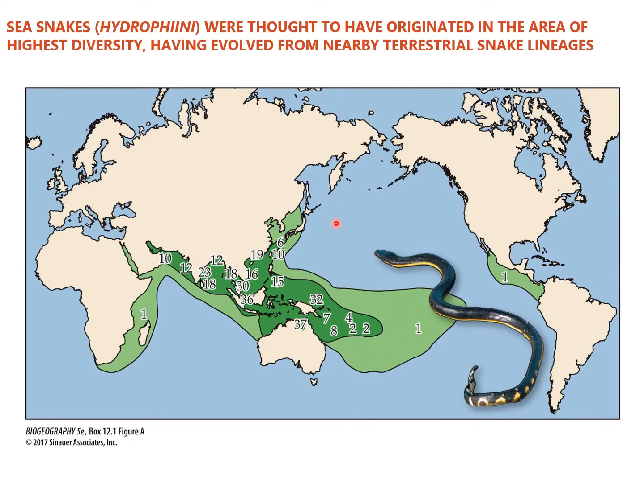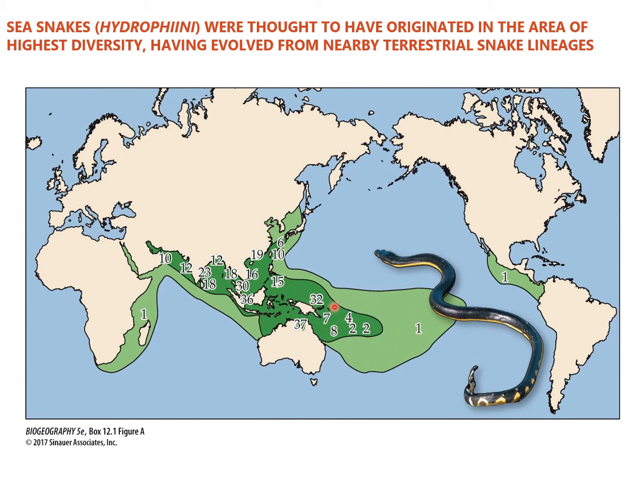And a great example of this is the sea snakes. So there's a group of sea snakes, and they're located mostly here, and they were originally thought to have originated in this area. So what you're looking at here is the range, and the numbers indicate the species diversity for this family, I think, of sea snakes.